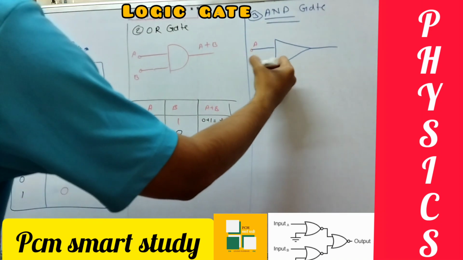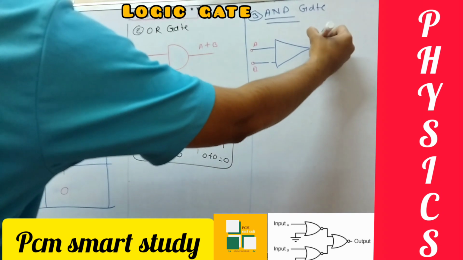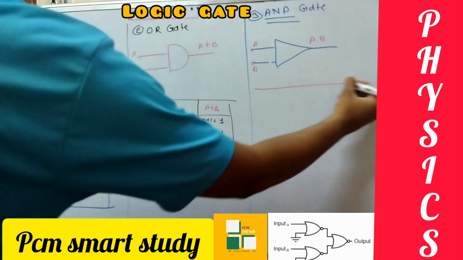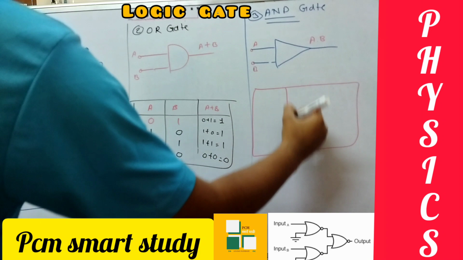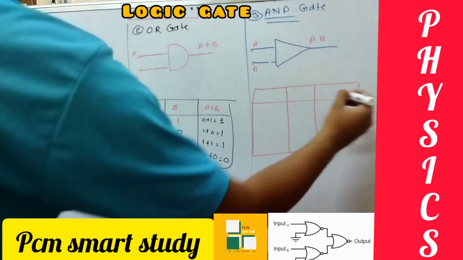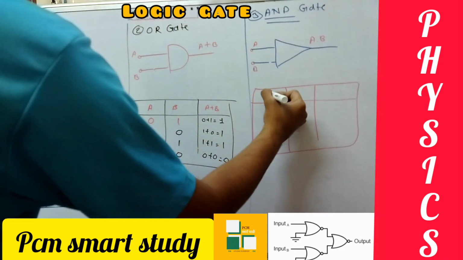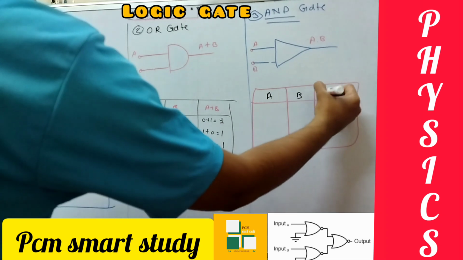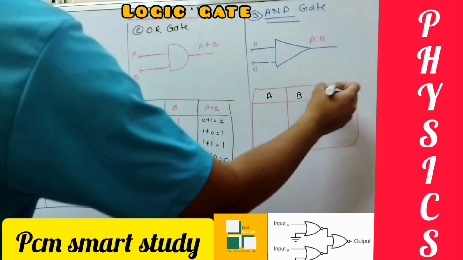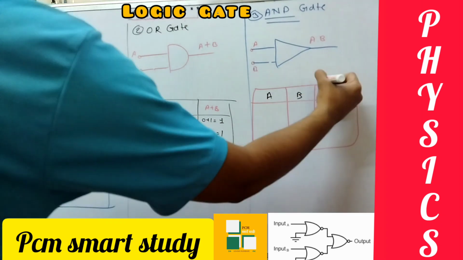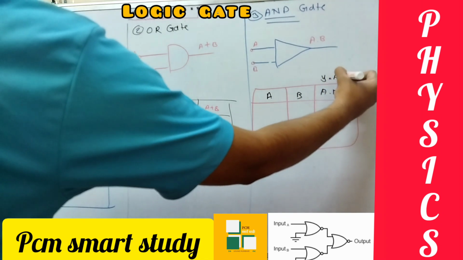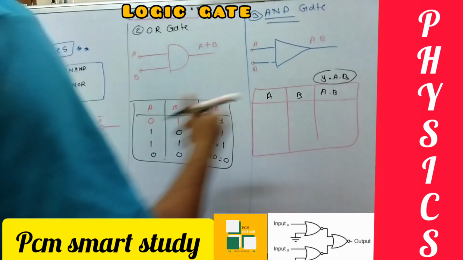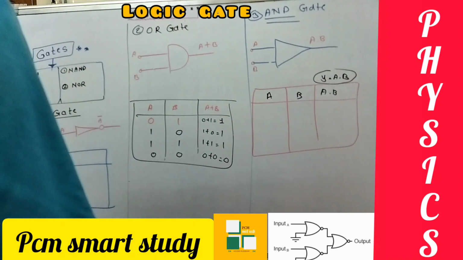And the truth table of the AND gate: A, B, A into B. When A is 0, B is 1, output is 0. When A is 1, B is 0, output is 0. When A is 1, B is 1, output is 1.